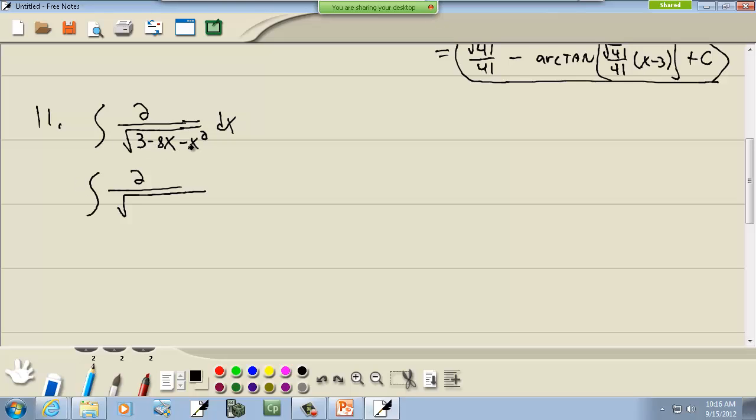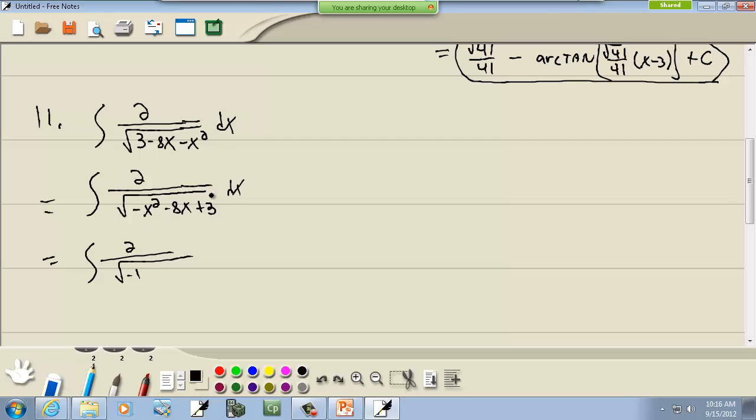Now, I have some problems with factoring or completing a square when I have a negative before my x squared. So I'm going to first rewrite it in the standard form. Largest power down to smallest. And then I'm going to factor out a negative 1.